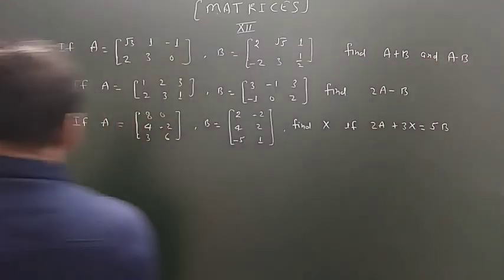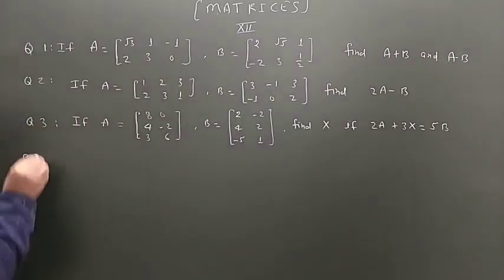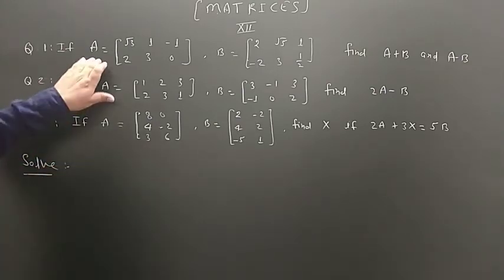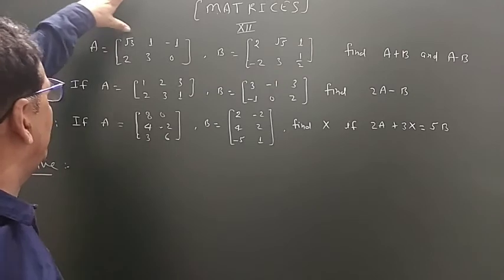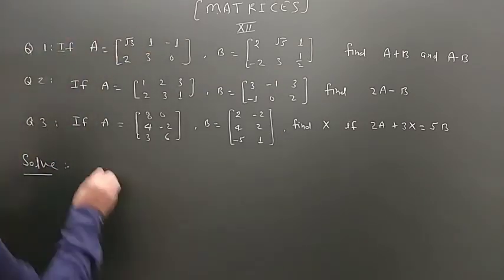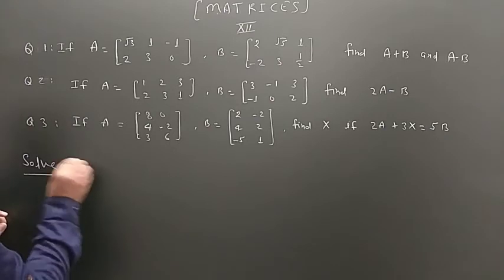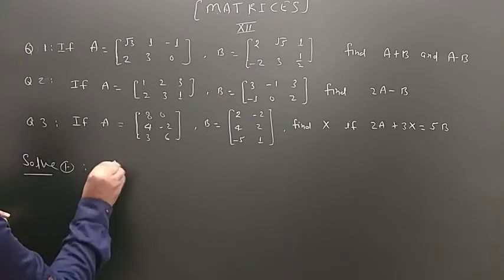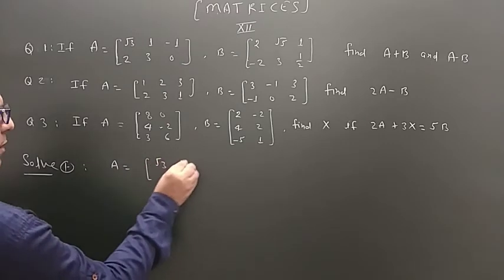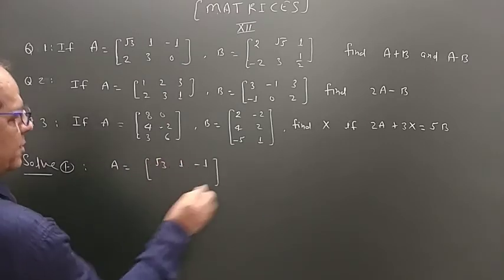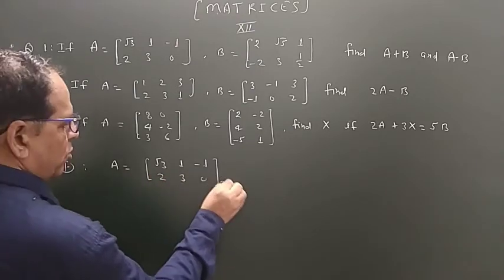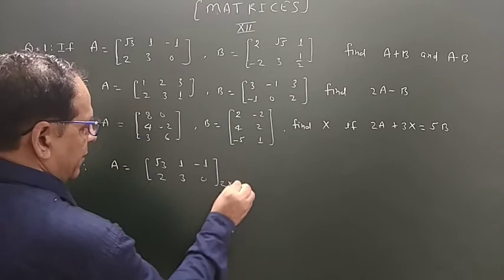Here A equals the first matrix: root 3, 1, minus 1, second row 2, 3, 0. This is a matrix of 2 by 3.